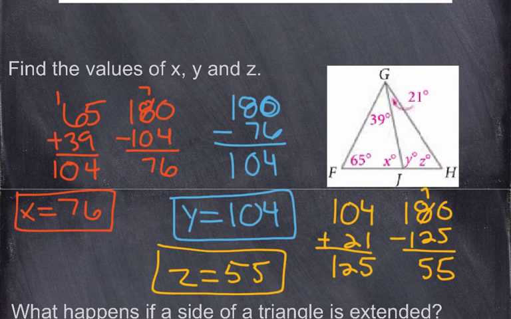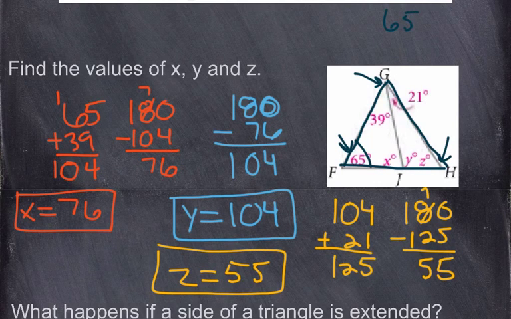Okay. Now if you want to check your work, notice I said there were three triangles in this diagram. Well, if you were to outline the entire triangle, that's the big triangle, these three angles, angle F, angle FGH, and angle H, have to add up to 180. Well, the bottom one is 65. This one, when you add the 39 and the 21, gives you 60.